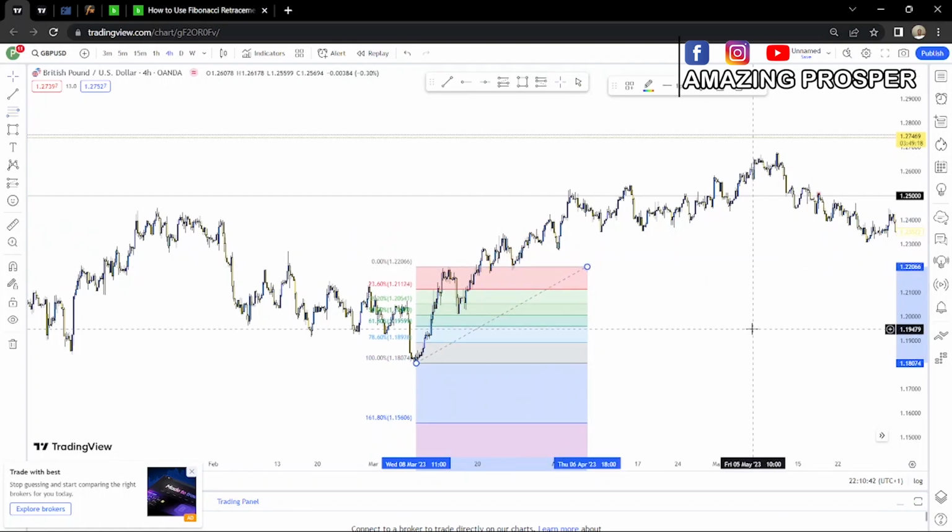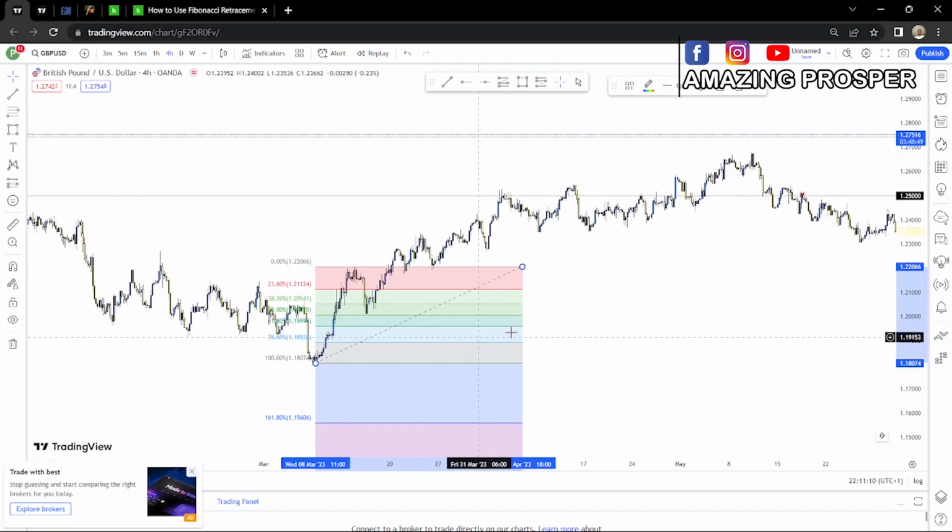So far that I've traded GU, the levels that I know this retracement always happens on are 50.0, 38.2, and 61.8. 61.8 is a golden level. Whenever the market reaches 61.8, the market always obeys that zone.